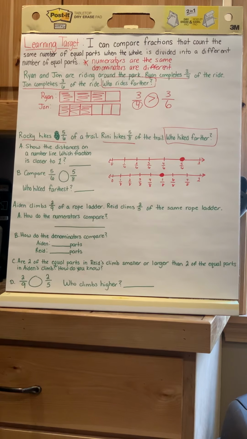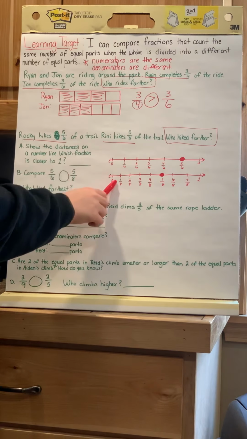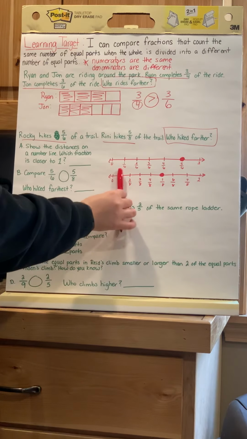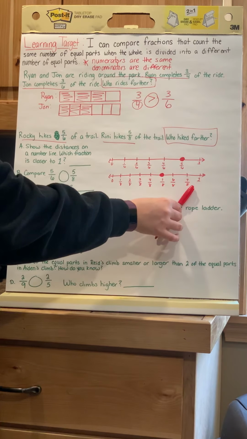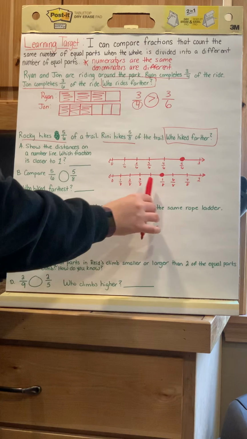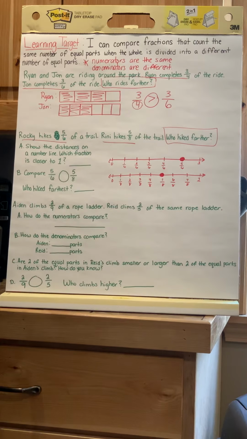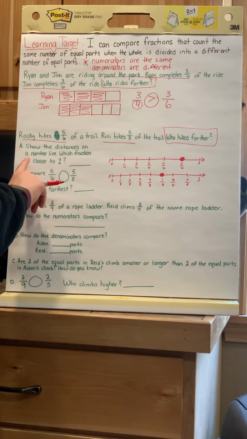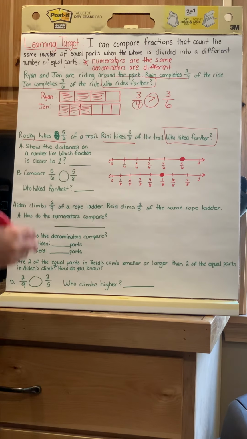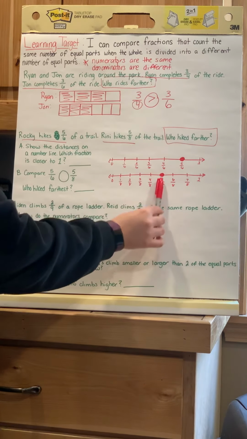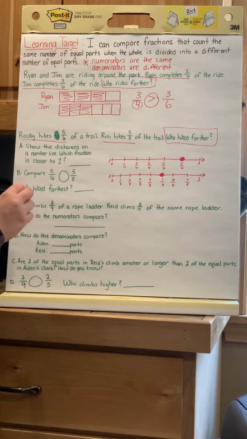Again, I want you to notice, even though Rini was split into more equal parts, she's still farther behind Rocky. So, which fraction is closer to 1? Well, is 5/8 or 5/6 closer to 1?